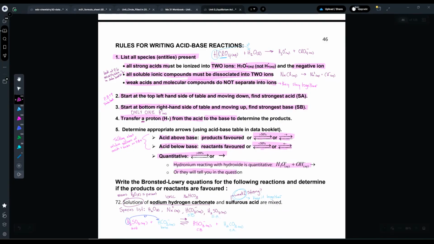We're going to write a species list out, and from that species list, we're going to determine what is our strongest acid, what is our strongest base, and then use that to figure out our quantitative reactions as well as our equilibrium reactions.